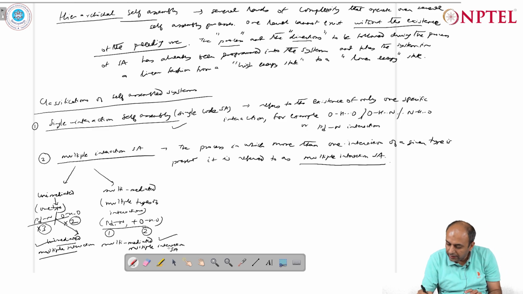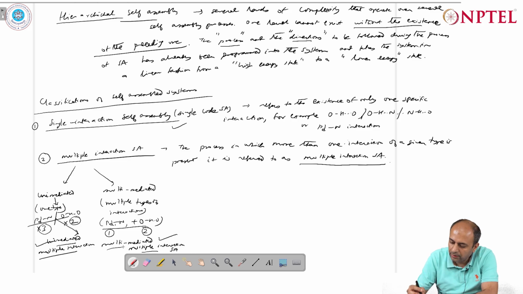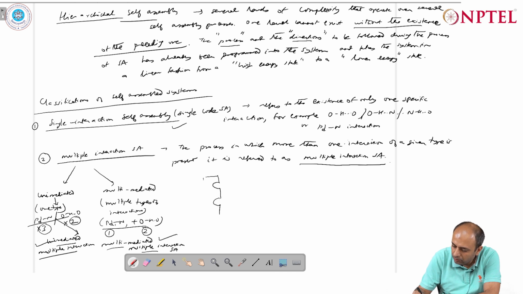That is, multiple interaction assembly is different and multimediated assembly is different. So, let us look at some representations of these. For example, we can have a metal here and a metal here, and it is interacting in a particular coordination environment.